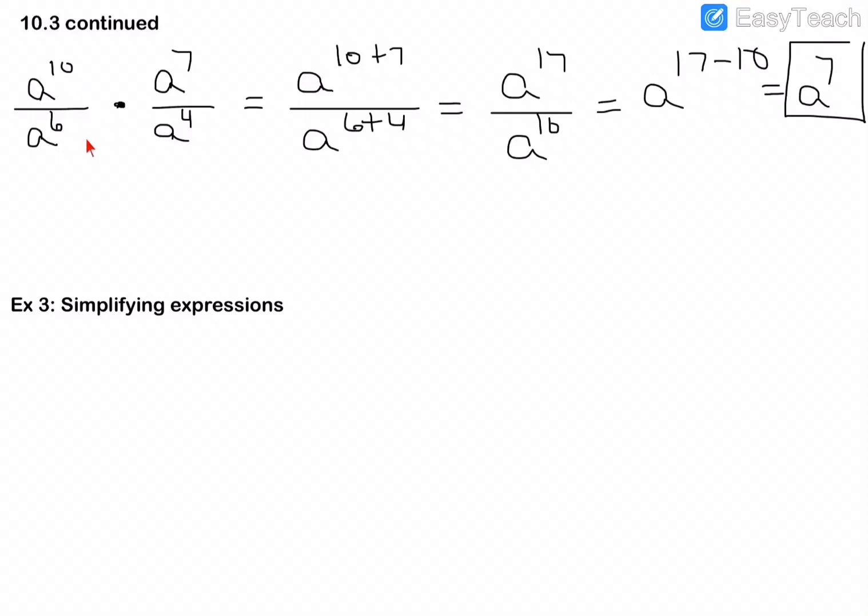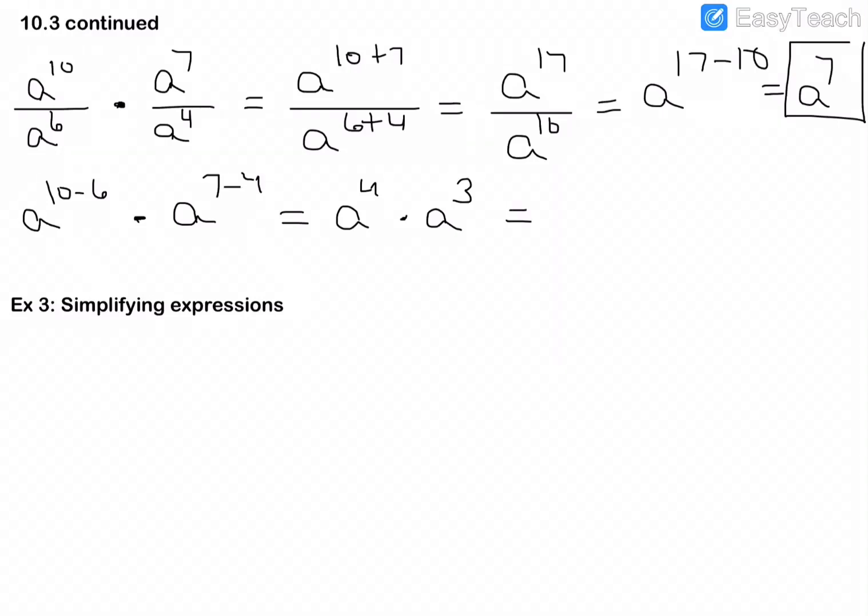Okay? If I do it the other way, now I'm going to divide this first, then I'm going to multiply what I get from dividing this. So a to the 10th power divided by a to the 6th power would be a 10 minus 6 multiplied by a 7 minus 4, which would give me a to the 4th power times a to the 3rd power.